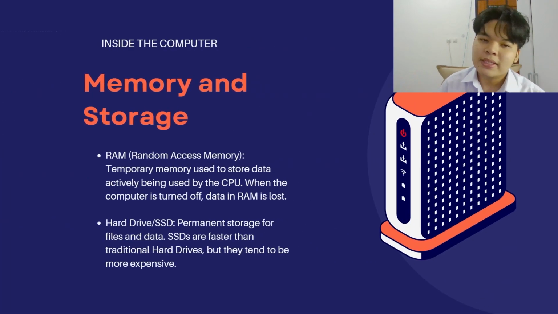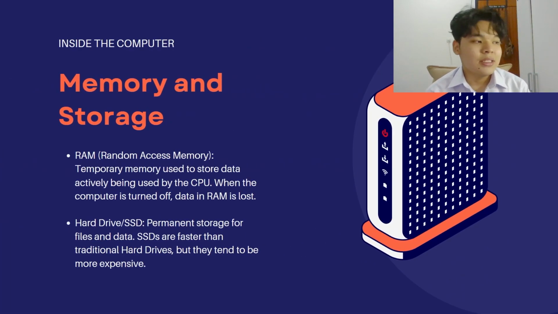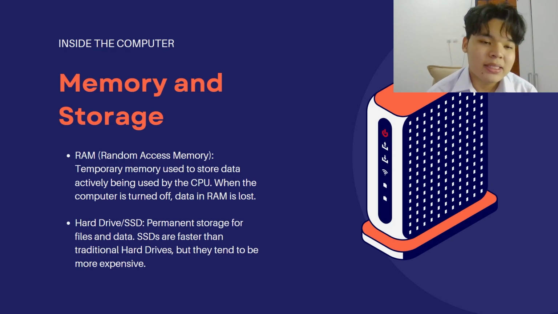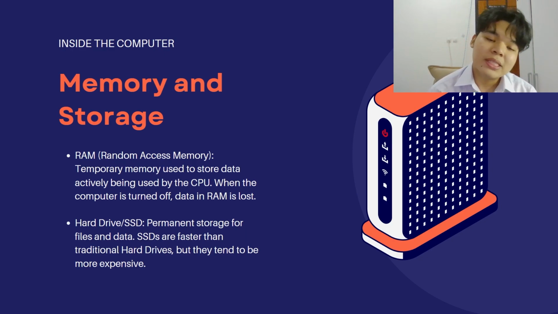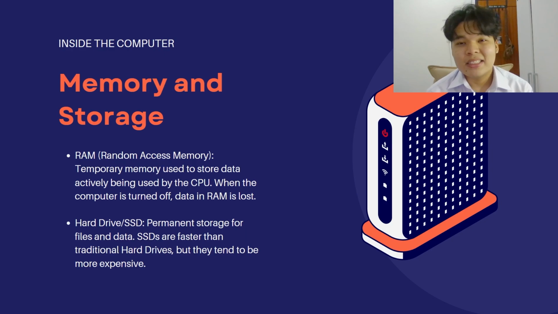Next, we have memory and storage. RAM, random access memory, temporary memory used to store data actively being used by the CPU. When the computer is turned off, data in RAM is lost. Maybe you have bad electricity in your house, and then suddenly the electricity is shut off and your data in your RAM will be lost, like that.